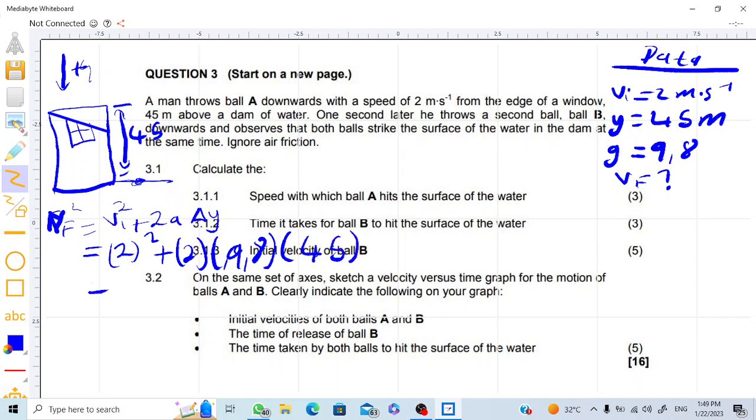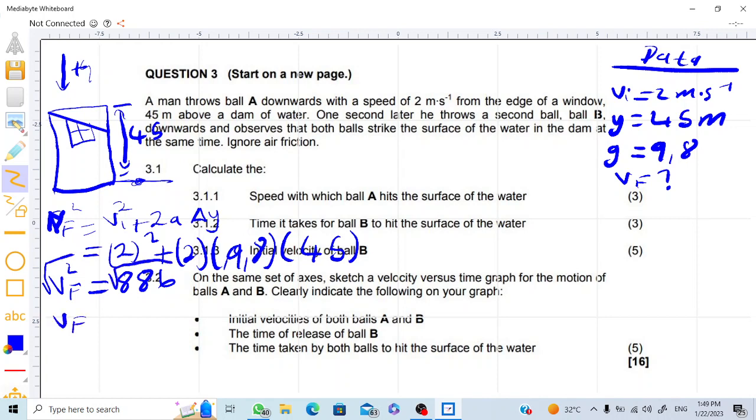Okay, now you are going to have 886, but remember this is the value of VF squared, so you need to put a square root on both sides.